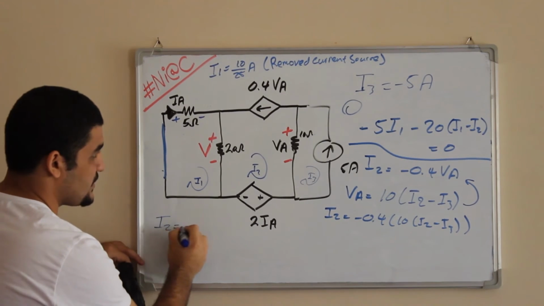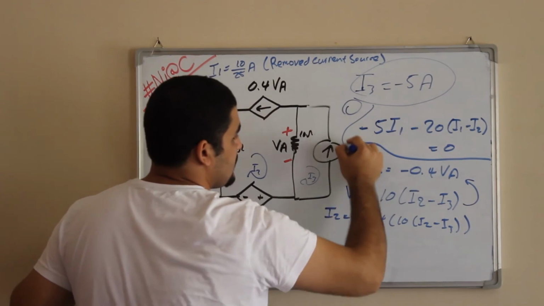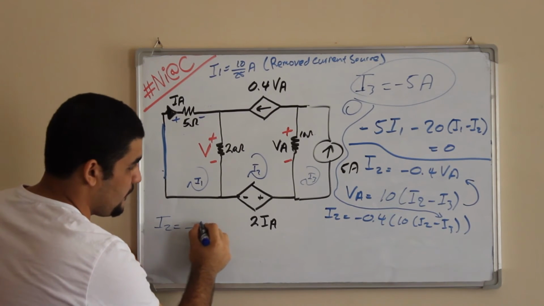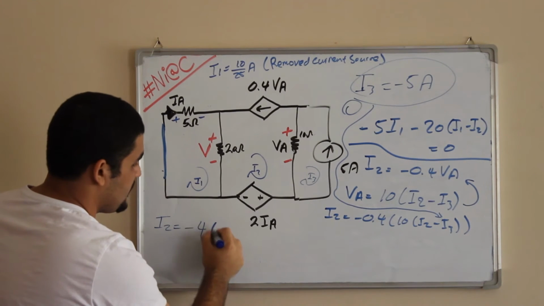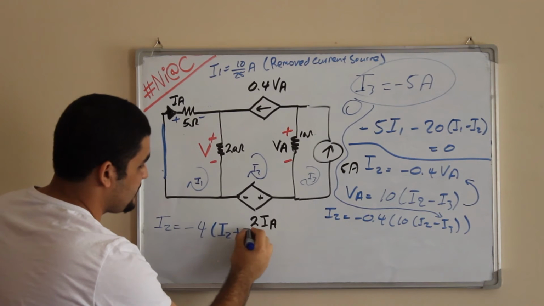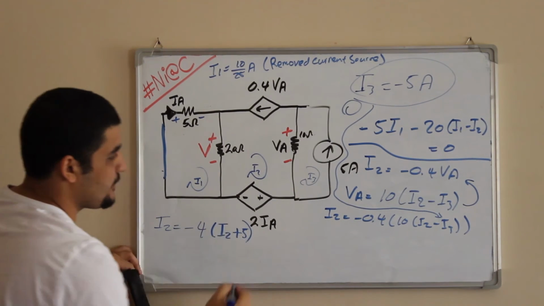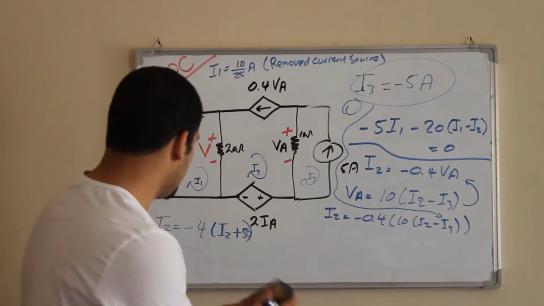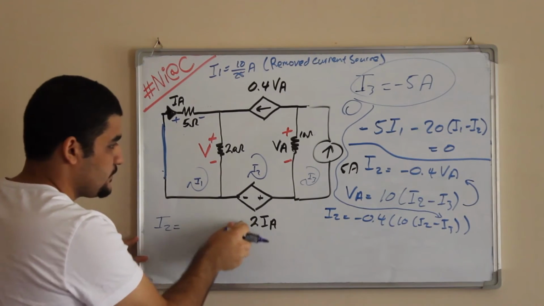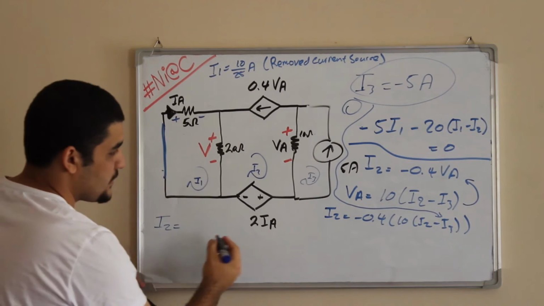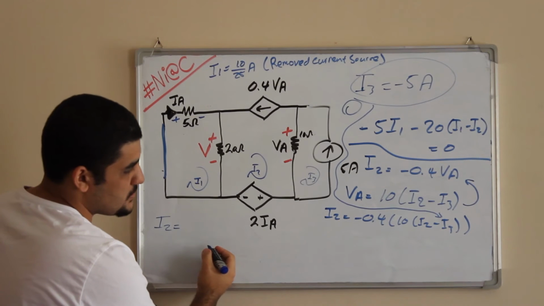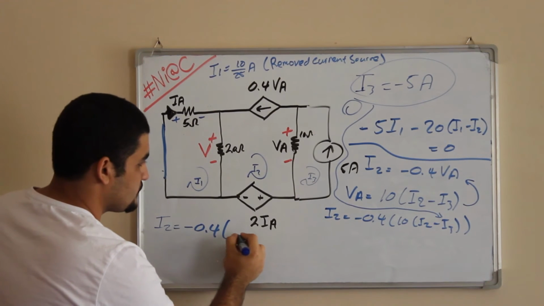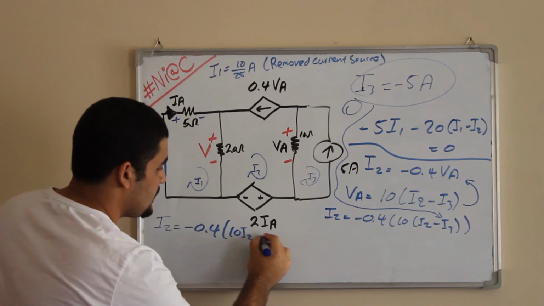Now I3 is equal to minus 5 amps. So by substituting this here, I2 is equal to minus 0.4 times 10 (I2 plus 5), so it's minus 0.4 times 10 I2 plus 50.